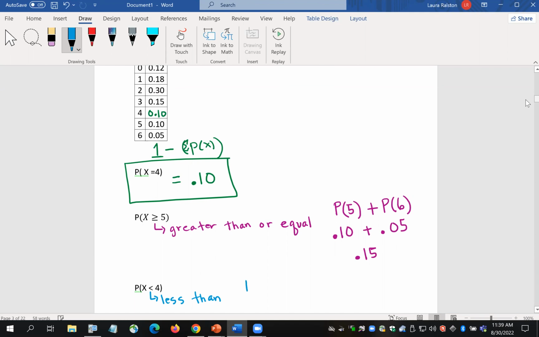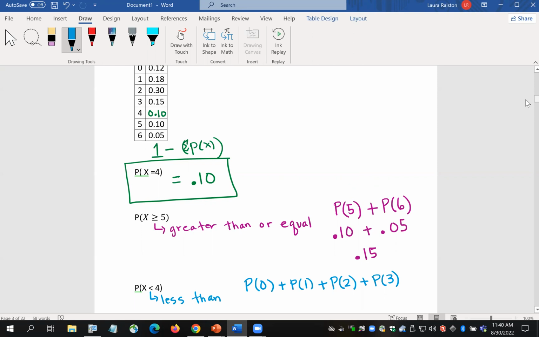So I'd have to consider less than 4. They could stay no year, 1 year, 2 years, or 3 years. But because it's less than 4, it does not include the 4. Okay, kind of use your basic, not to be ugly, but common sense. Make sure you interpret the symbol correctly.